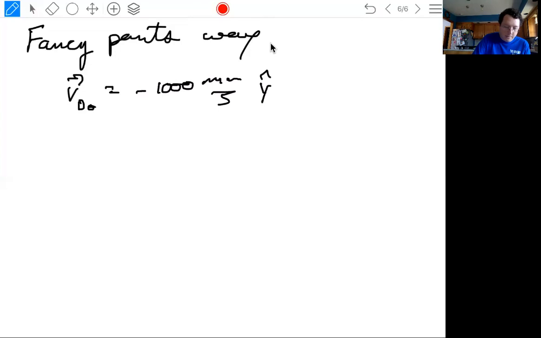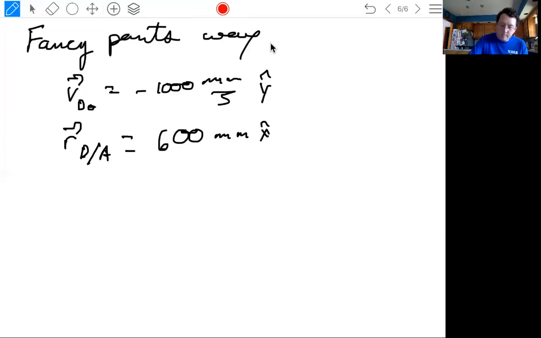The relative vector of D relative to A is going to be 600 millimeters x hat.